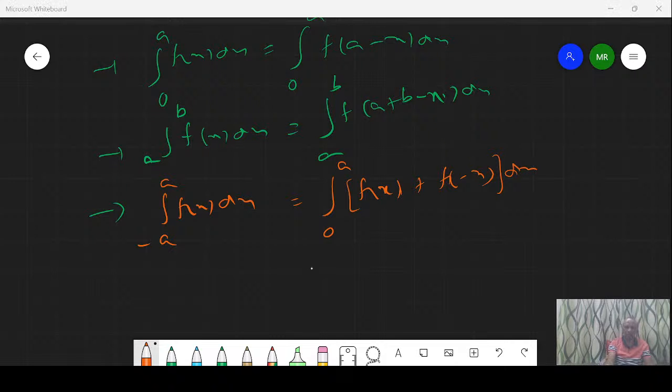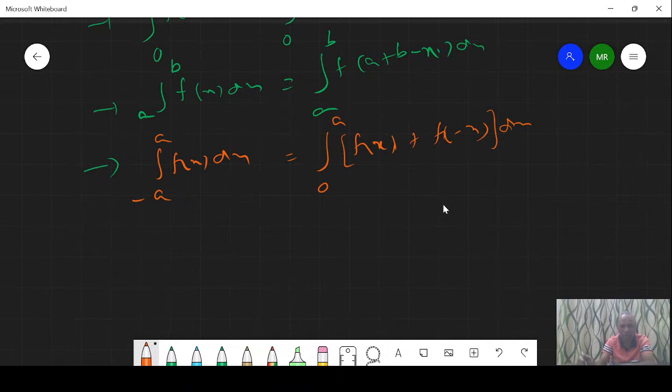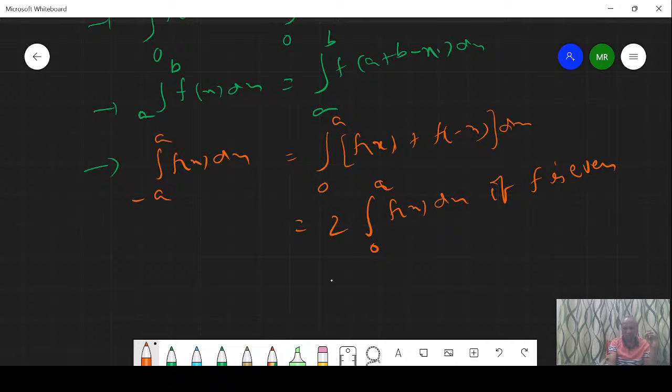From this I can write, this equals 2 times integral 0 to a f of x dx if f is even, and equals 0 if f is odd. But we need to know what is an even and what is an odd function.